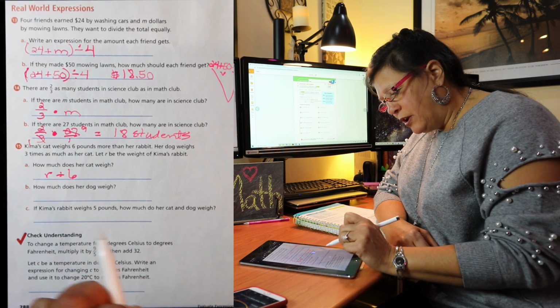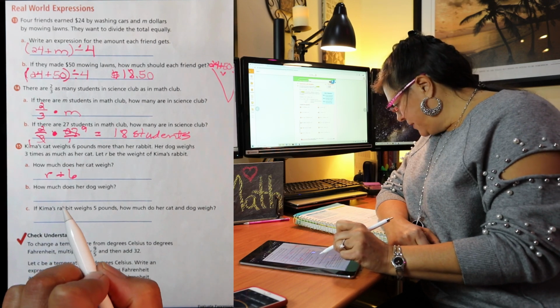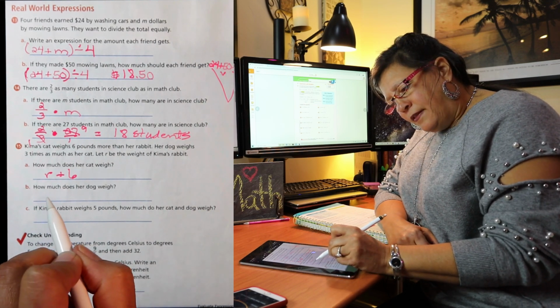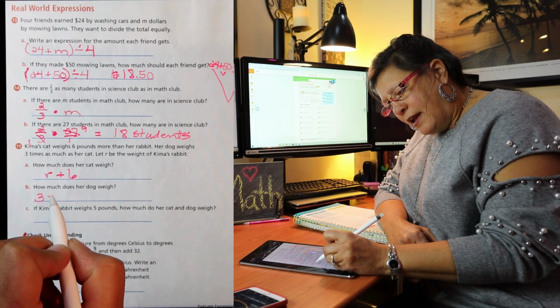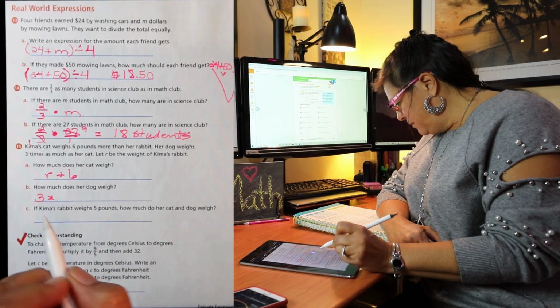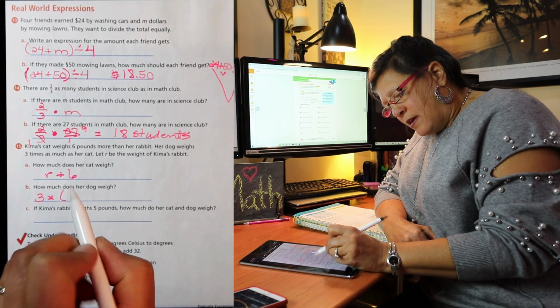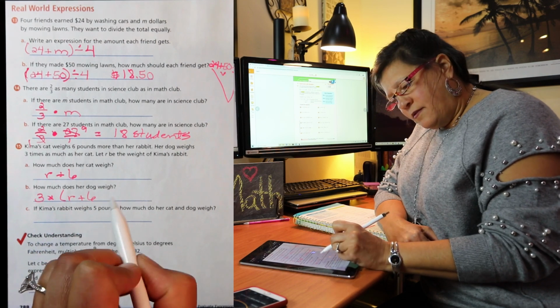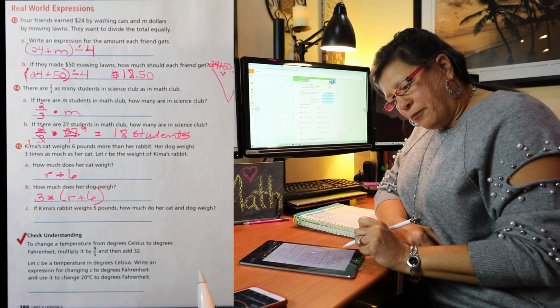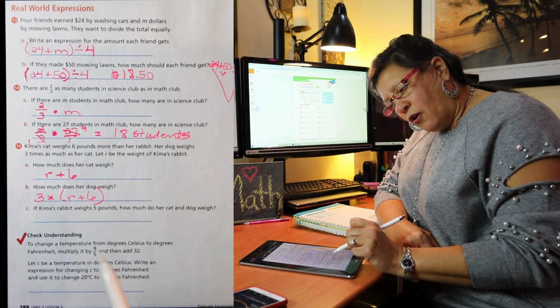We don't know rabbit, but we're going to use R as the rabbit, right? And then how much does her dog weigh? Well, the dog weighs 3 times. You can use the dot for times, or the X for times. 3 times (R plus 6). Okay, that would represent how much the dog weighs.